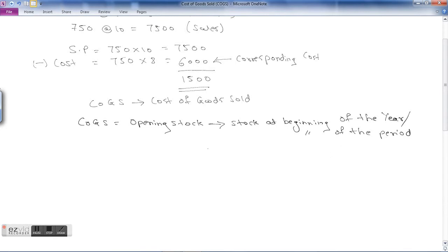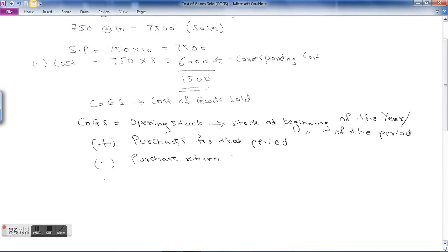Then add purchases for that period, whatever is considered. Correct? Then less purchase return. If you have returned any goods, you have to reduce that.